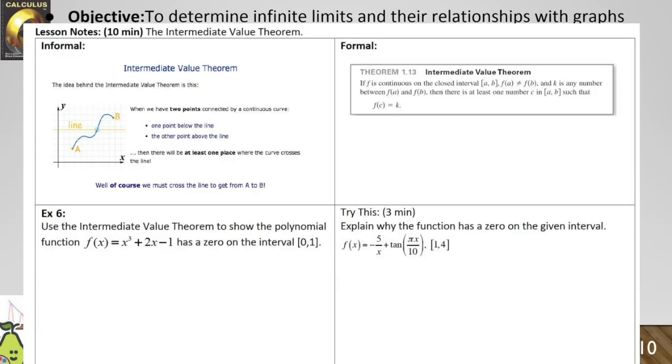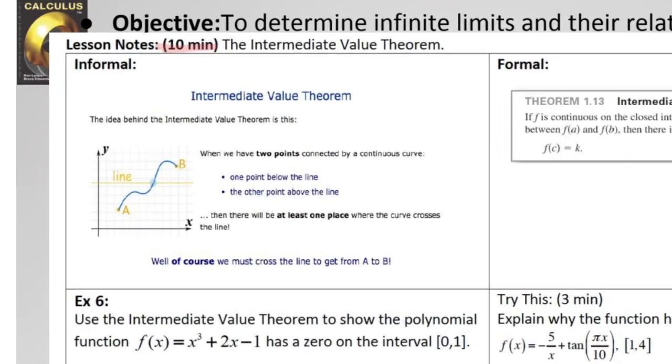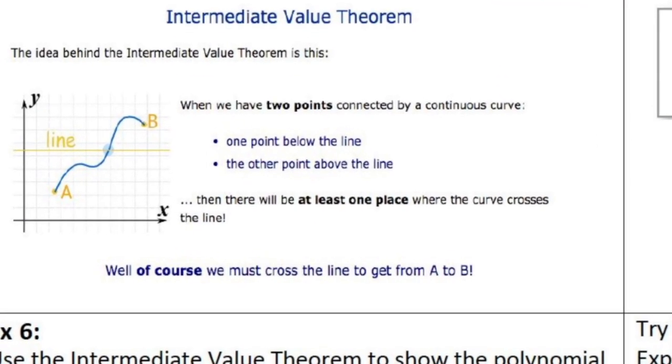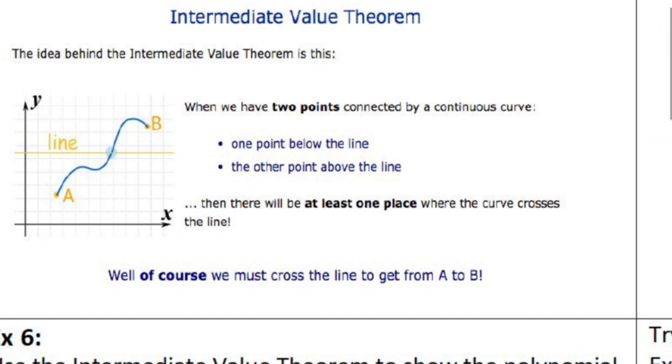So the intermediate value theorem, one of those hot topics on the AP Calculus exam. Let's take a close look at it. Informally, here's what we have. We have 2 points connected by a continuous curve, and that is the clue. We have to have a continuous curve. One point is below the other point.